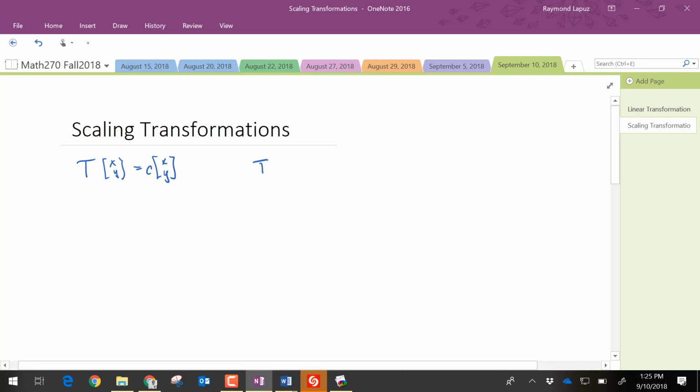But there are other scaling transformations where you can scale just one of them, or scale the other one, or scale each of them separately with different values.